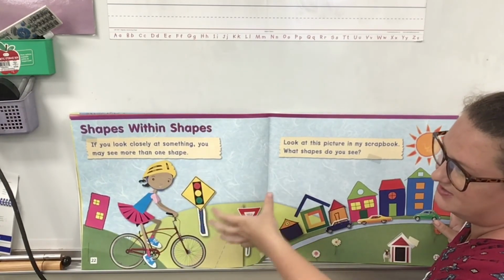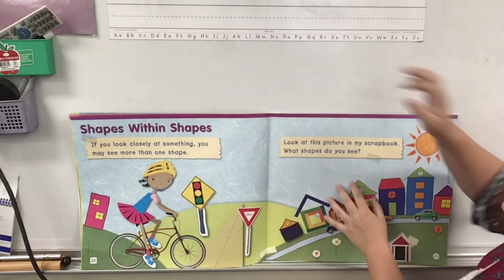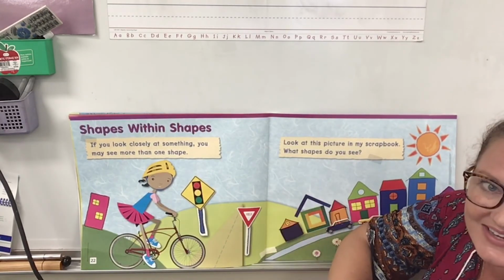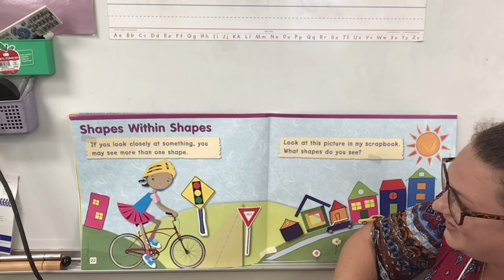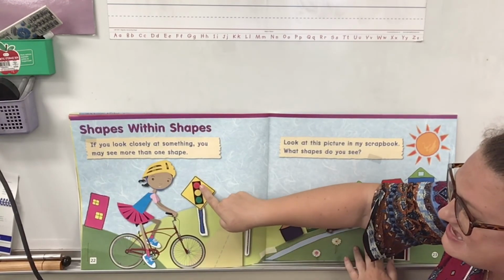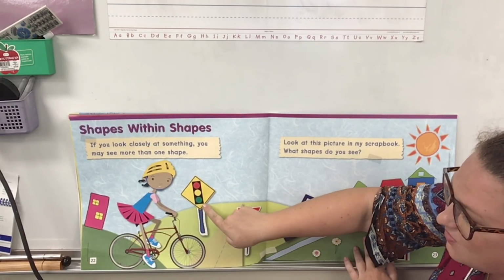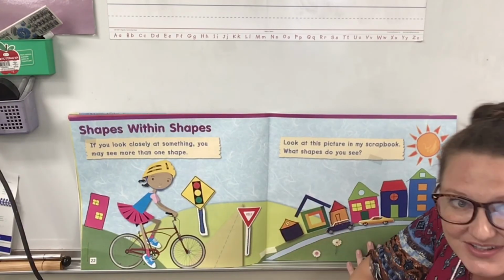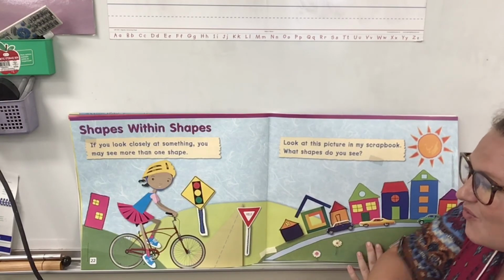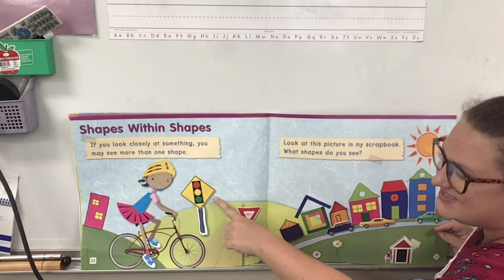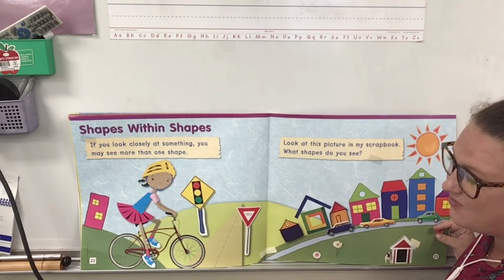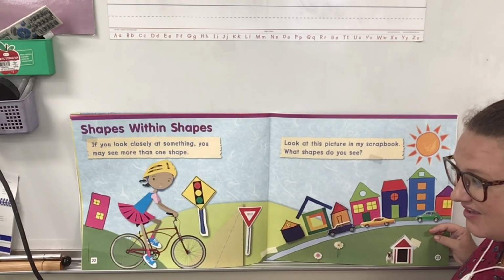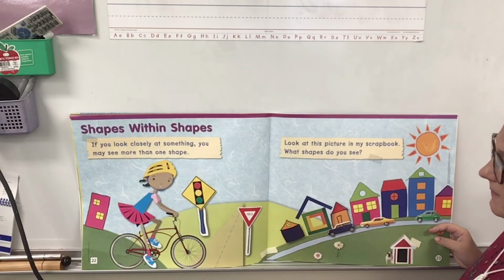Even though it's turned to the side, it's still a square. And then I also see a rectangle. And then what about these in the middle? What shape are these? Those look like circles to me. Wow, so just looking at the one sign, we found way, way, way more than one shape. I bet if we kept looking, we would find even more.